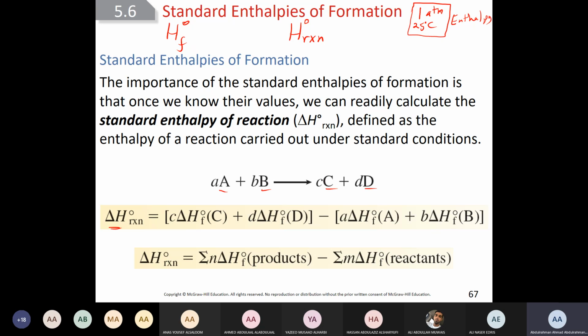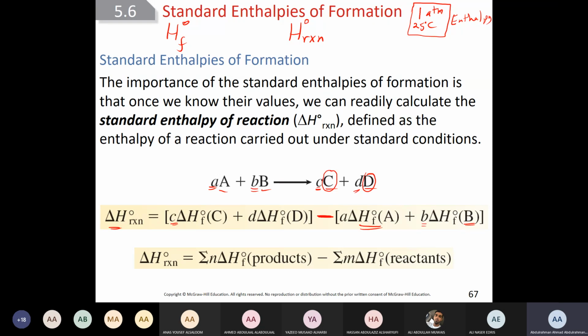It's actually equal to C, which is this coefficient, times the heat of formation of C, plus D, this coefficient, times the heat of formation of D, minus A, which is the coefficient, times the heat of formation of A, plus B, times the heat of formation of B. Is this clear?